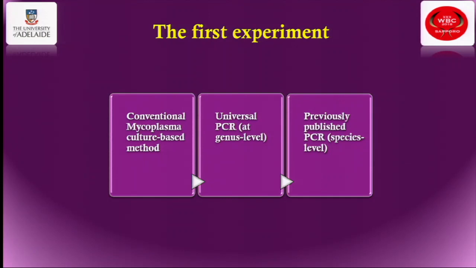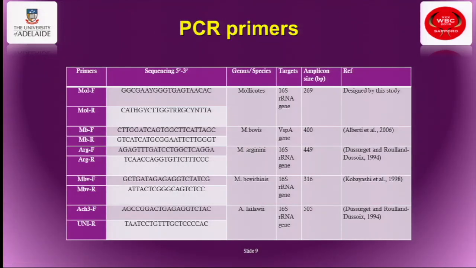Then we compared the results with the culture-based method and also with a previously published PCR-based method. We used ATCC strains of some Mollicutes as positive controls, and we also confirmed all these results through Sanger sequencing. These are some of the primers that we used in this study.